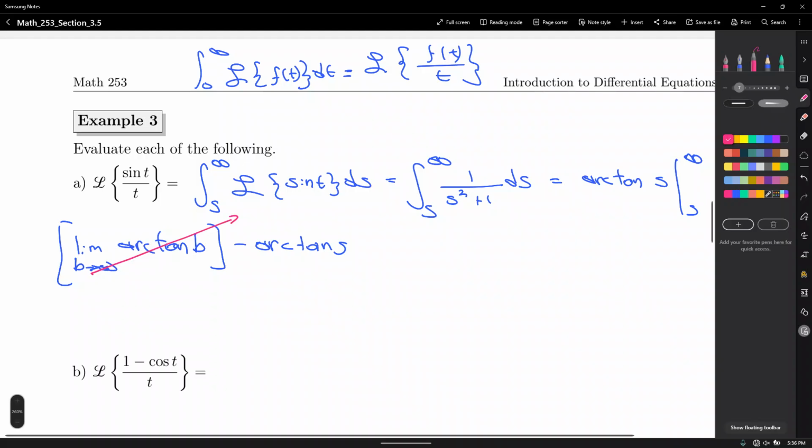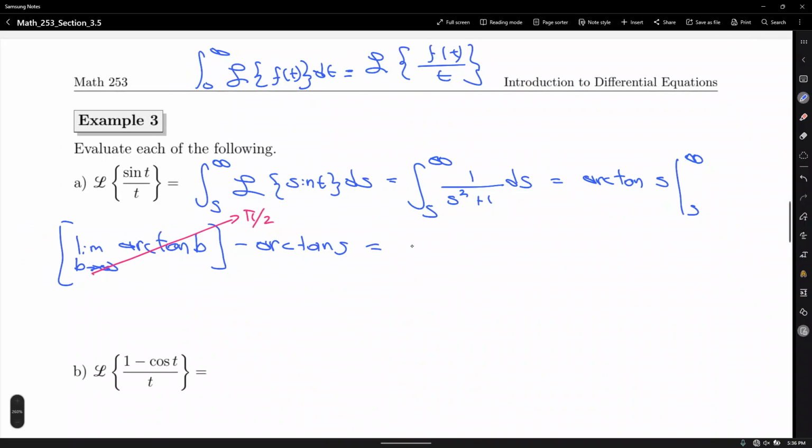Arctan of infinity. What is it? Pi over 2. And arctan of s is simply arctan of s. So this is pi over 2 minus arctan of s. Final answer.